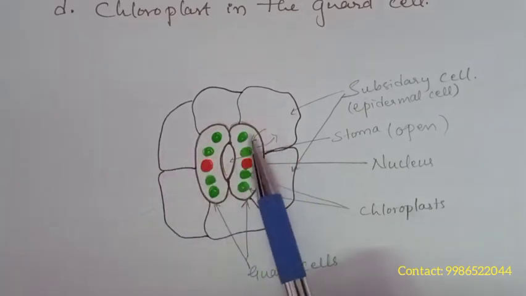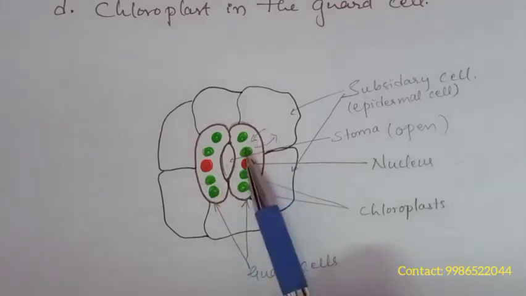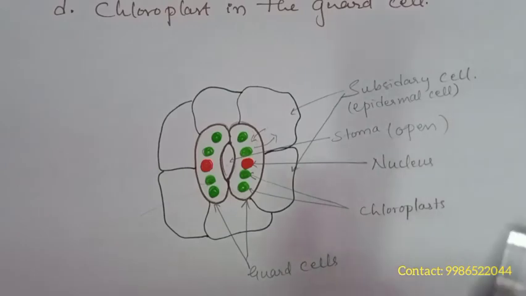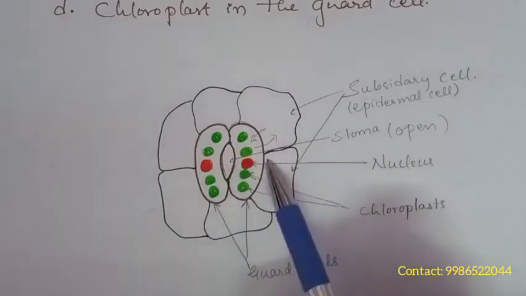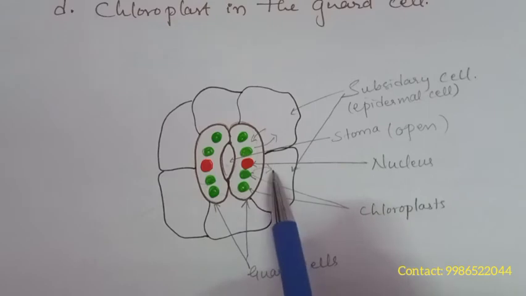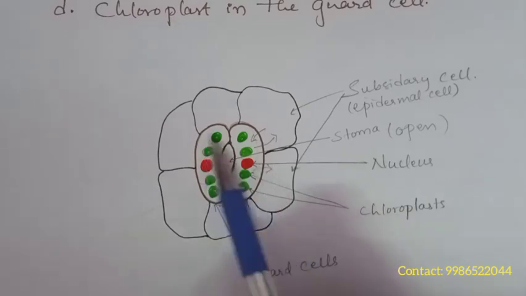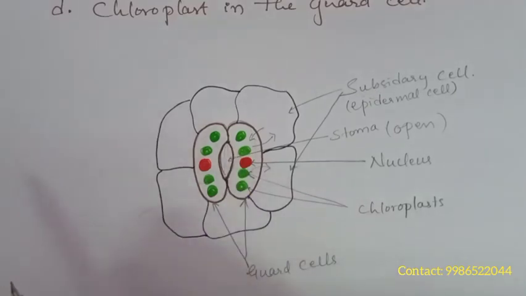When water enters into the guard cell, it swells and the stomata opens. When the water goes out of the guard cell, the guard cell shrinks and the pore closes.